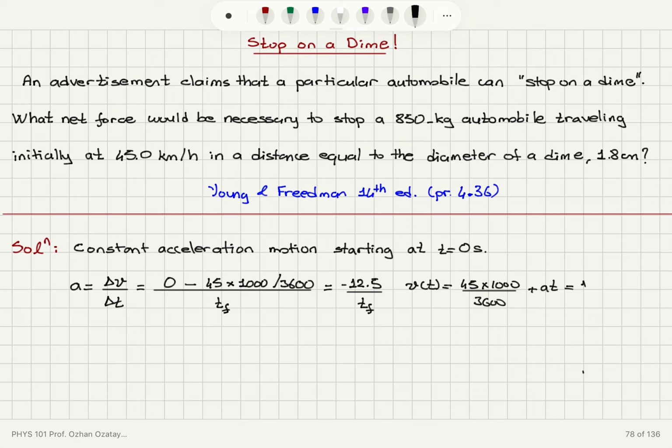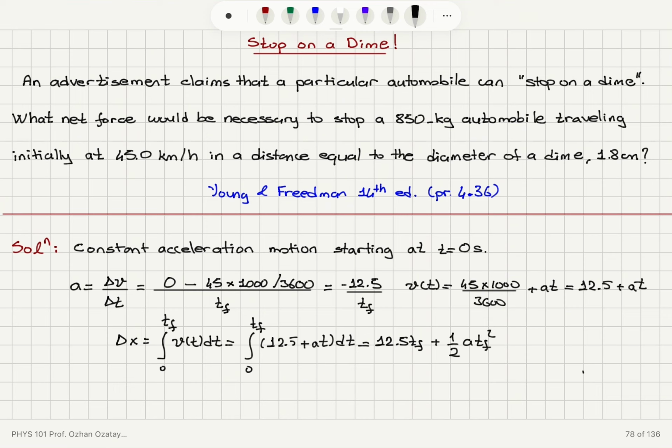So this is going to be 12.5 plus at, and the distance we travel, delta x, is going to be equal to the integral from 0 to final time tf of v of t dt, and this is the integral from 0 to final time tf of 12.5 plus at dt, which is 12.5 tf plus 1 over 2 a tf squared.